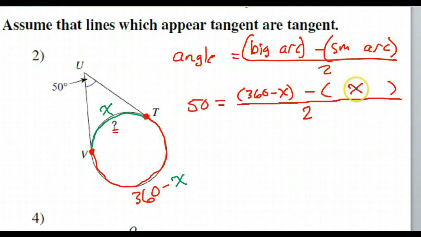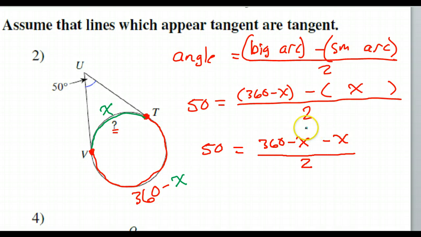If this were like X minus 3 or something, I would have to distribute the negative sign and make it X plus 3, but it's just X, so I could really just erase the parentheses. I'm just going to recopy it so you can look back and remember where it all came from. So 360 minus X minus X. I just took the parentheses out of it.